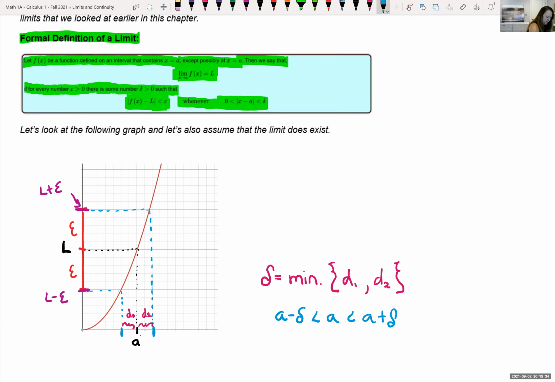If I chose a point right here and go up to see where it hits the graph, it must hit inside this epsilon. So any value we choose in here, we're going to be able to show that it's between L minus epsilon and L plus epsilon.